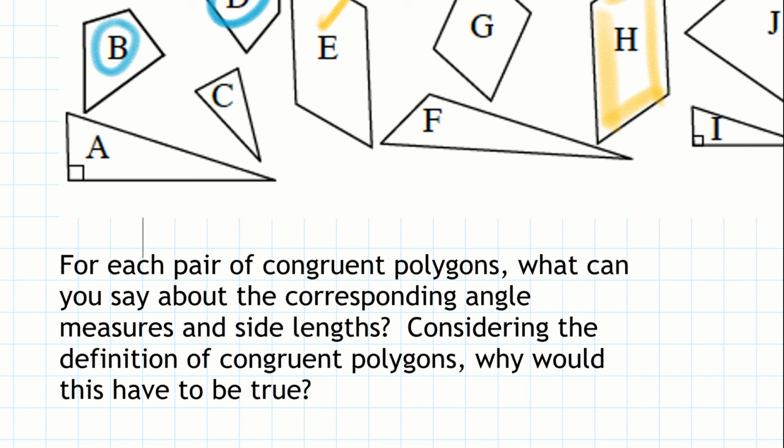And two reasons: there is a transformation that maps one onto the other, so they have to line up perfectly. And this other idea, they're similar to each other, and the scale factor is 1. So if I take one of the original sides and multiply by the scale factor, multiplying by 1 doesn't change the sizes, so they stay the same.